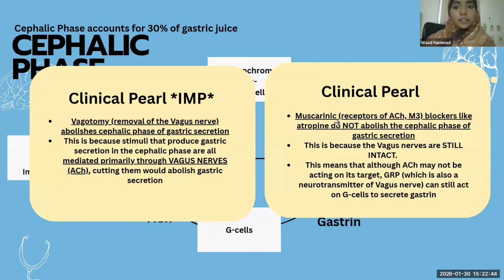Another important thing is if we used a muscarinic blocker. The word muscarinic refers to a type of receptor. As we said, ACH mediates a lot of the functions in our body, so ACH needs to bind to its receptor. But what happens if something is blocking the receptor so that ACH can no longer bind? That is what a muscarinic blocker does. An example is atropine, but this will not abolish the cephalic phase.